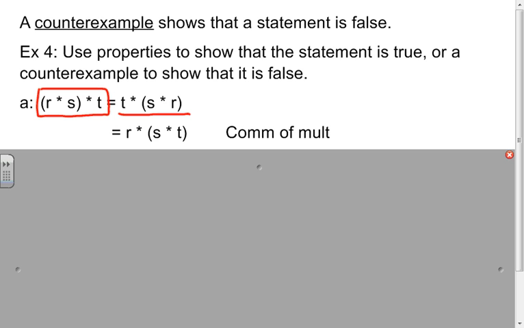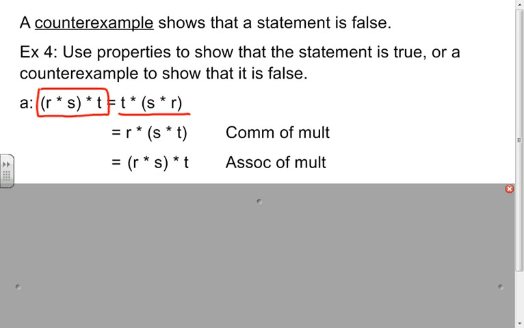So I move the t, the s, and the r around, and I get r times s times t. It still doesn't exactly match what I've got on the left-hand side, but I can use the associative property to move my parentheses. Now, the thing on the right looks exactly like the thing that I started with, so that proves that it is true.